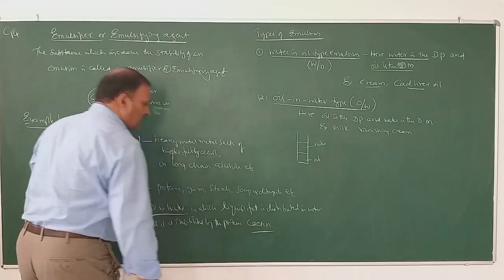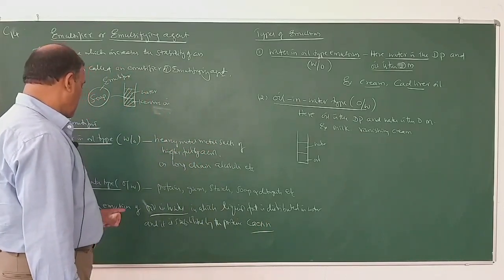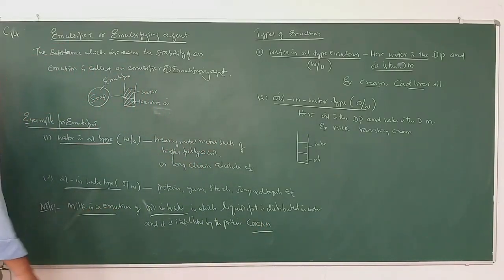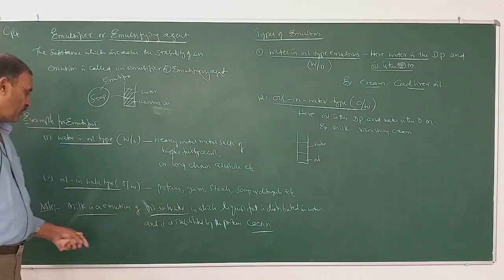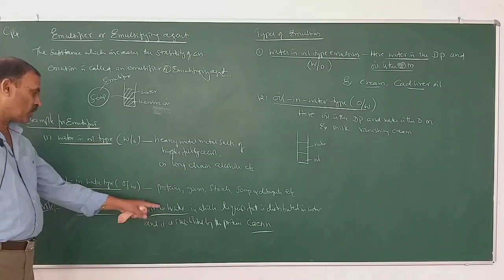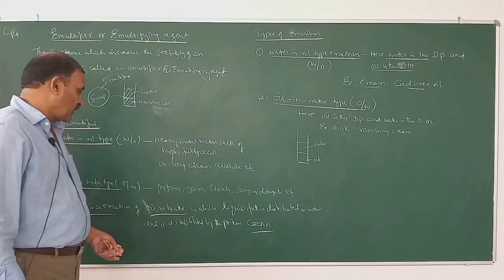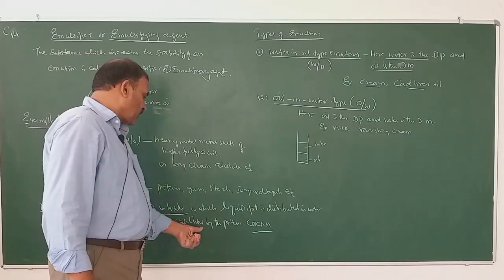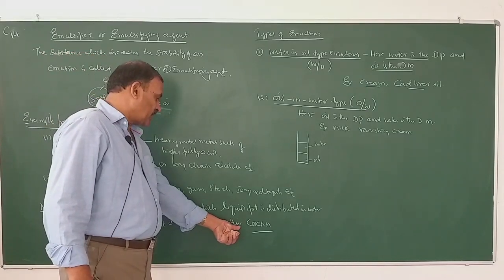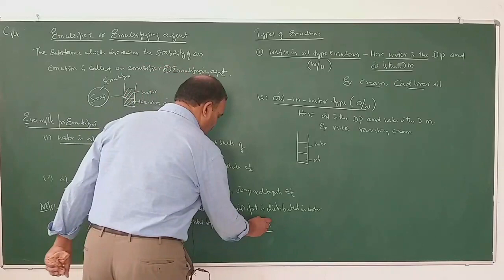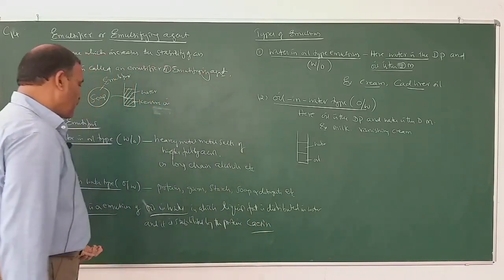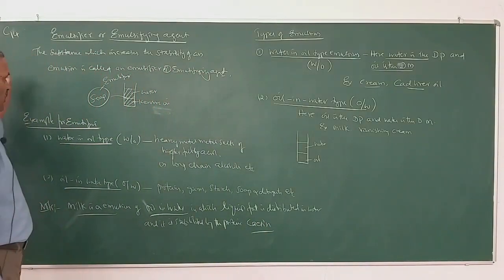So if you will be asked to give an example for an emulsion of oil in water type, milk is an emulsion of oil in water type, in which liquid fat is distributed in water. To increase its stability, the natural protein casein is used as an emulsifier or emulsifying agent.